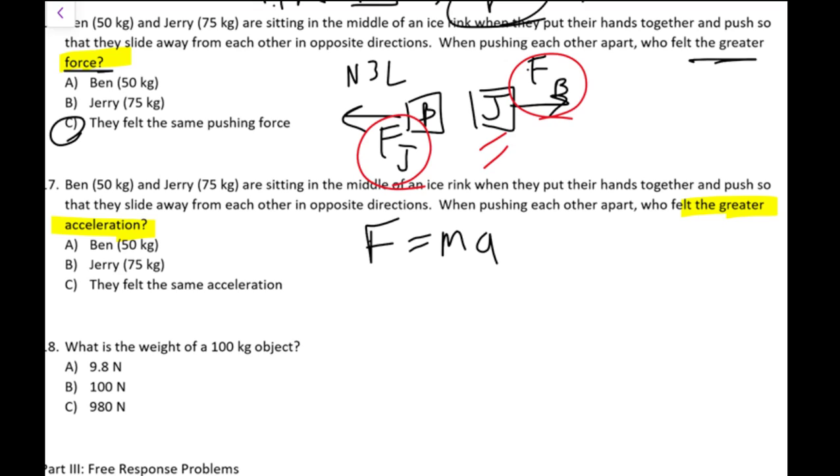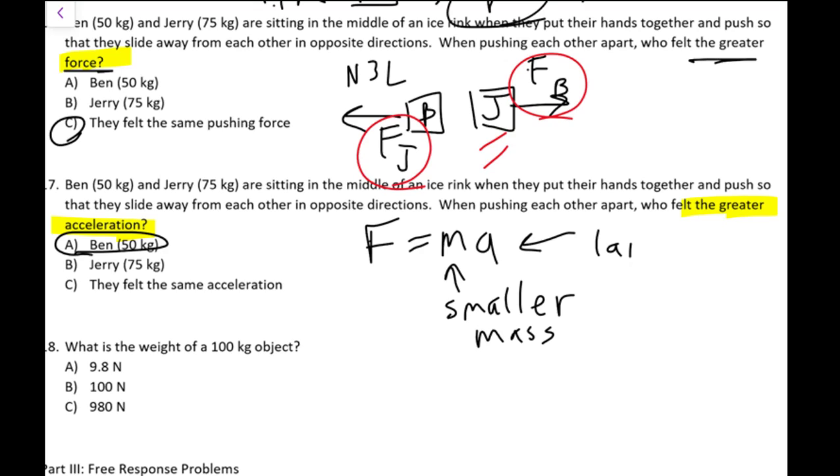Ben is only 50 kilograms, so he is going to accelerate more because it's a smaller mass. They both experience the same force. So a smaller mass means a larger acceleration.